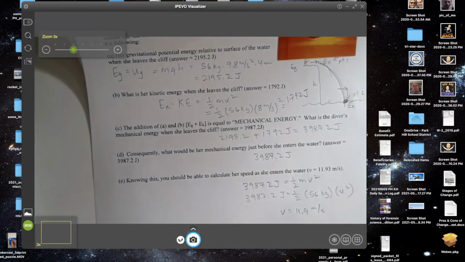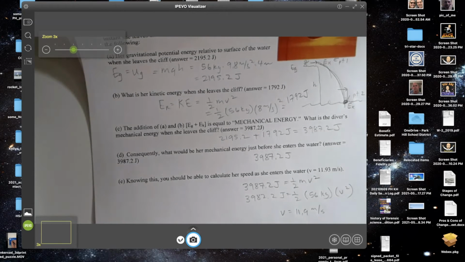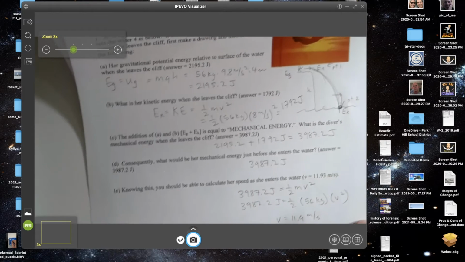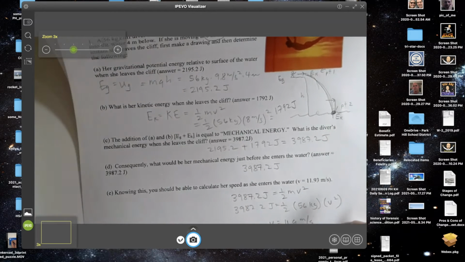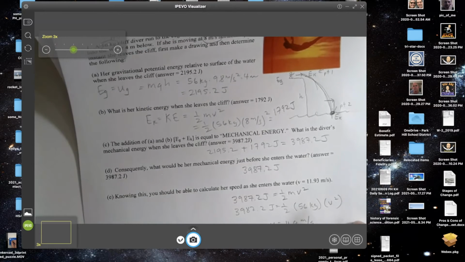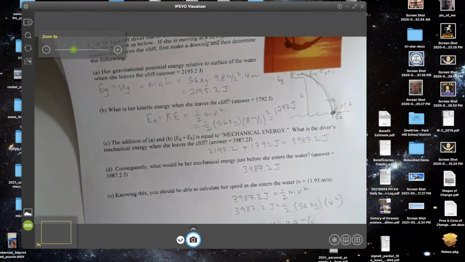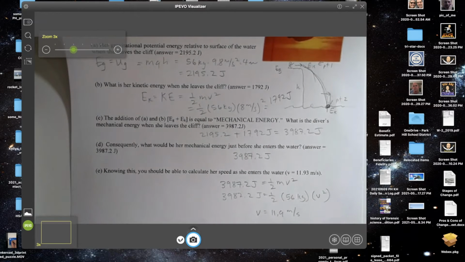Okay? So notice in this case we didn't really need to know Newton's laws, F equals ma. We're doing this in an entirely different way, using the ideas of energy and energy conservation. All right, so that represents the first problem.